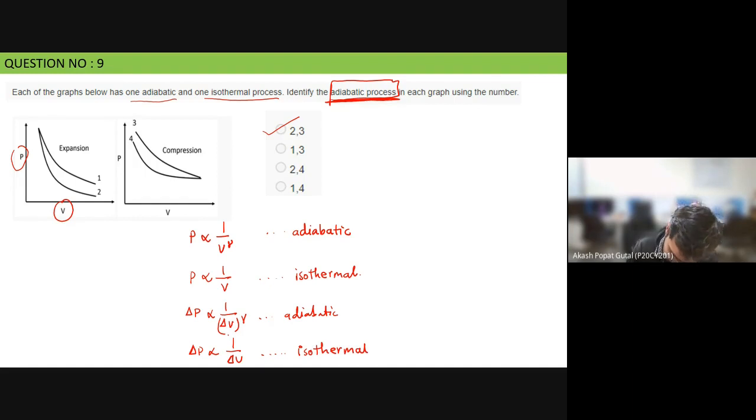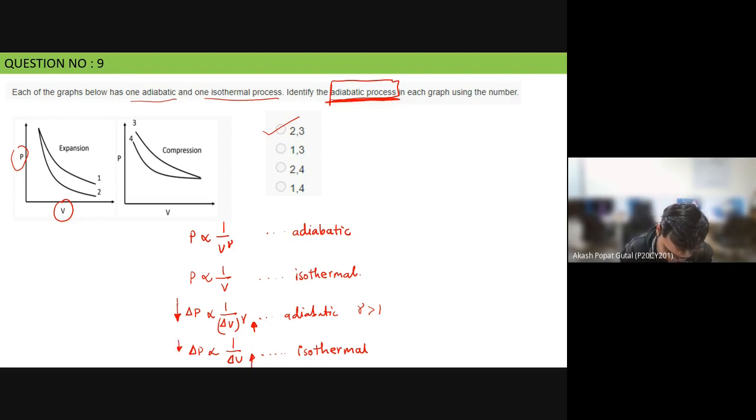So if I change volume by a small amount, it is raised to gamma, and gamma is always greater than 1. If it is greater than 1, whatever value I take for del V, it will be enhanced, and once it is enhanced, the decrease is larger in this case, and in this case the decrease will be just proportional.